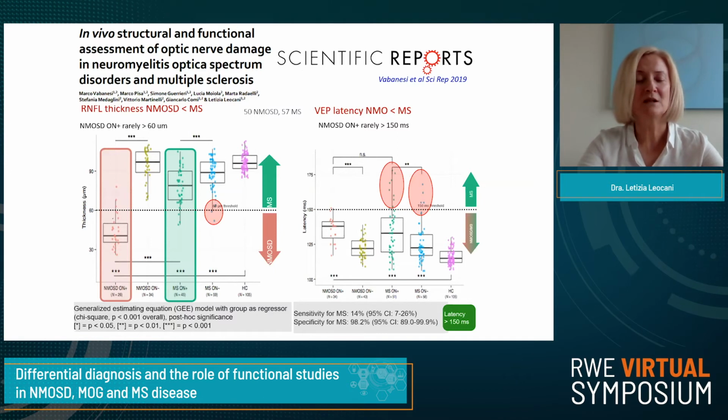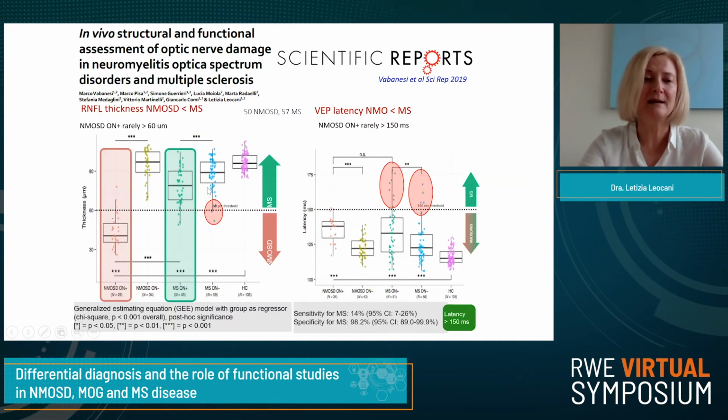And so to put things together, we started to observe that similarly to the review I showed you before, there is a higher tendency of important severe axonal loss in people with NMOSD who had optic neuritis.